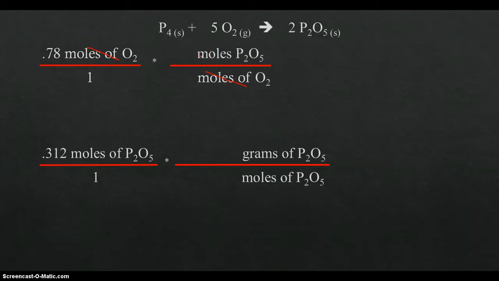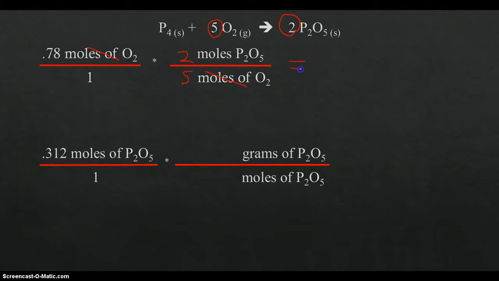The numbers or values that I'm going to put there come from my coefficients in my chemical equation. So here's my coefficient for diphosphorus pentoxide, so that goes 2. And then here's my coefficient for oxygen.